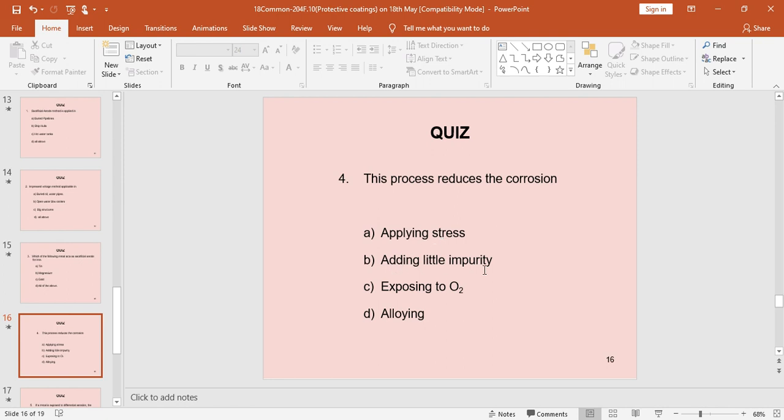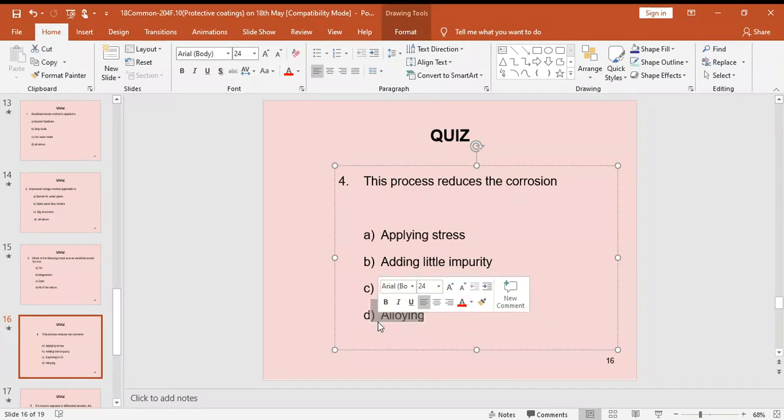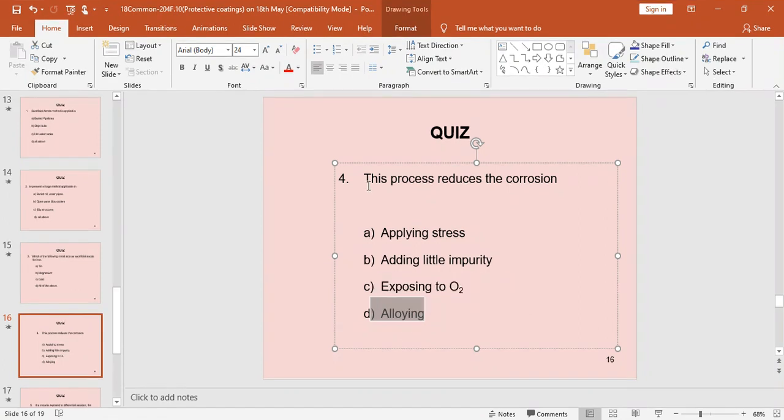Adding a little impurity also increases corrosion. Exposing to O2 also causes corrosion. So which is the correct answer? Alloying is an example of reducing corrosion.